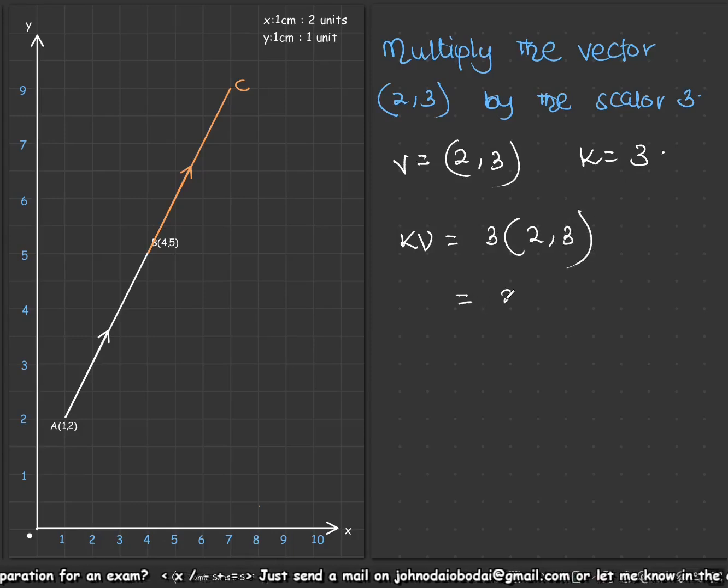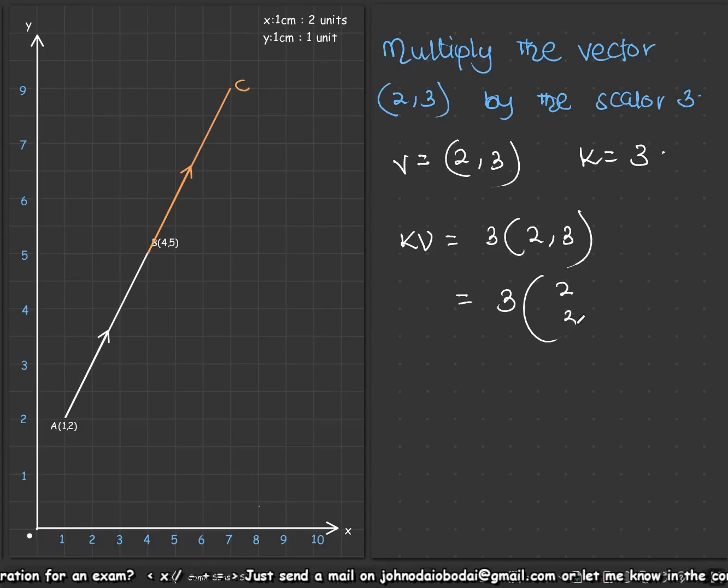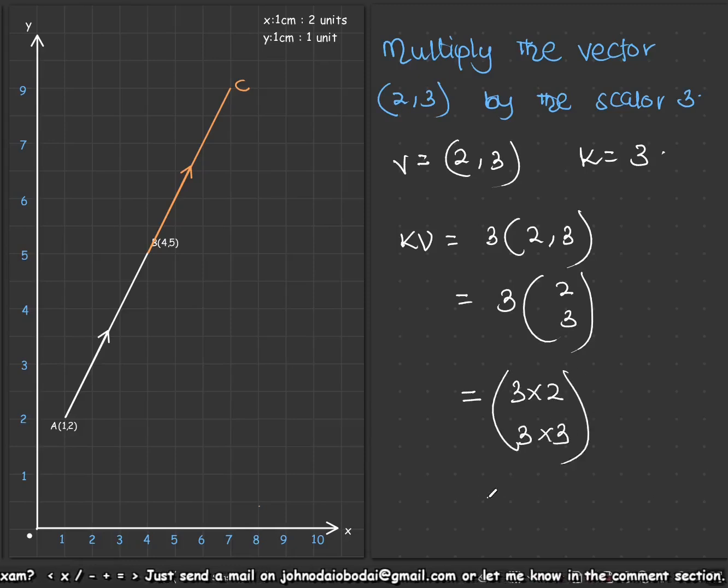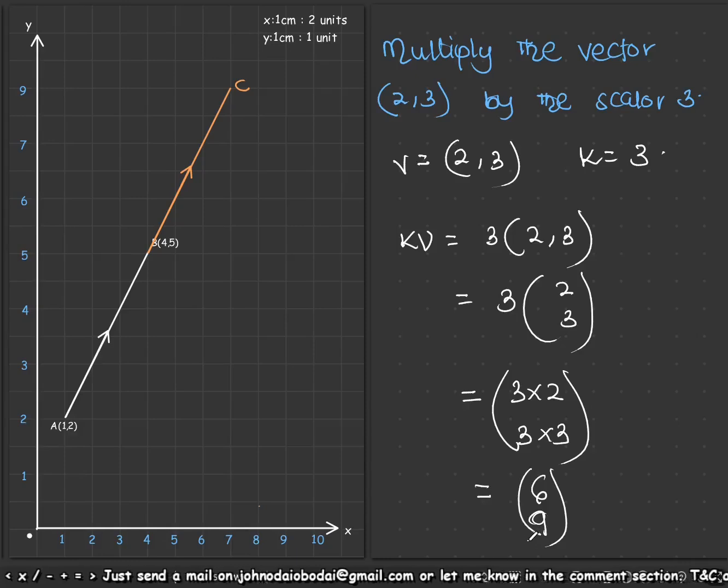You can write it as 3(2, 3). As I said, the 3, your scalar, multiplies the x component and it also multiplies your y component. So I have 3 times 2 and then 3 times 3. 3 times 2 gives us 6, and 3 times 3 gives us 9. This here is your scalar multiplication.